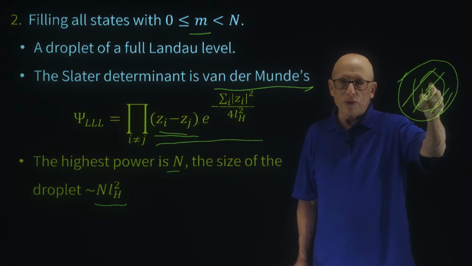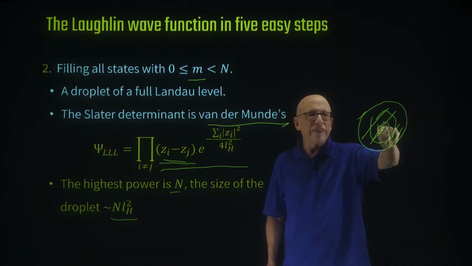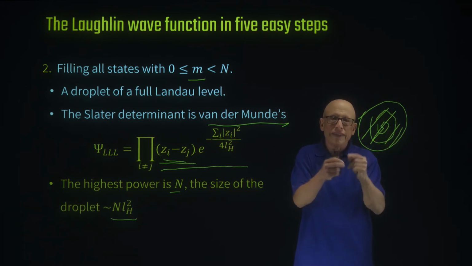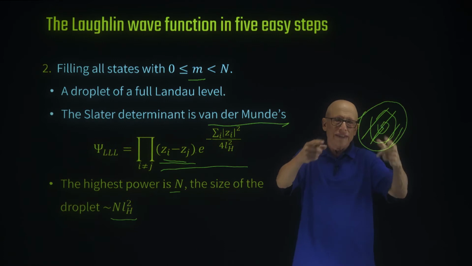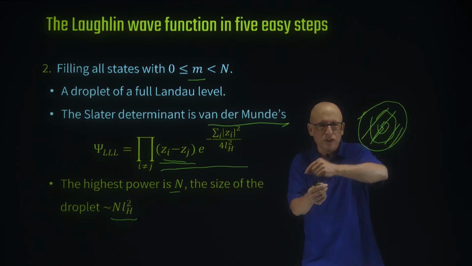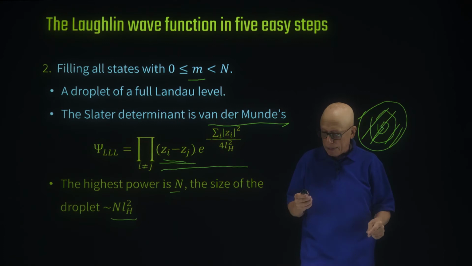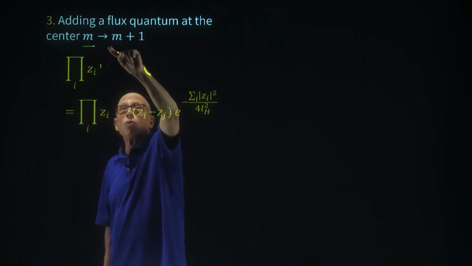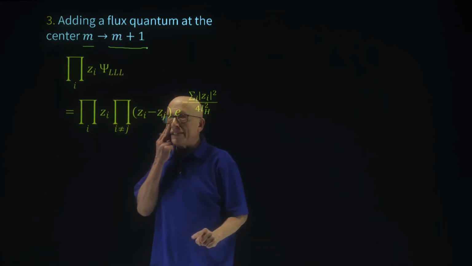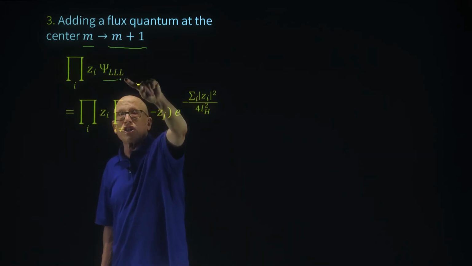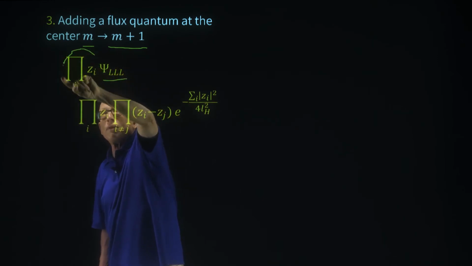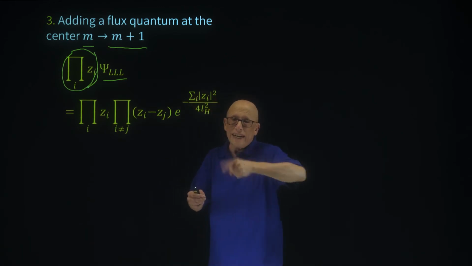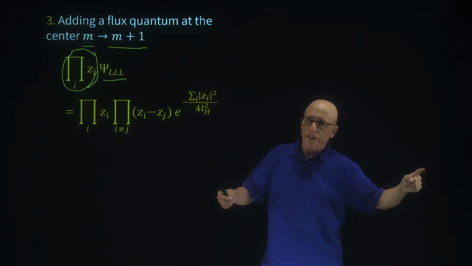One more thing we can say about this nu equals 1 wave function is that if we insert a flux tube at the center of this area and turn on flux inside this tube and change it from 0 to 1 flux quantum, what will happen to the wave function is that each electron that had an angular momentum m will be transferred to m plus 1, which is the same as saying that the original wave function will be multiplied by this factor, a product of all the Zi's of all the set of electrons.